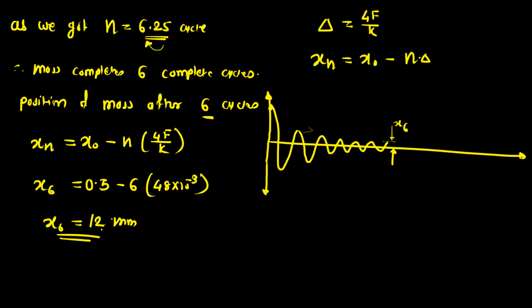So now we will check after 12 mm, that is x6, is there any possibility for the remaining oscillation? Therefore we will check whether the mass will stop at this position only.